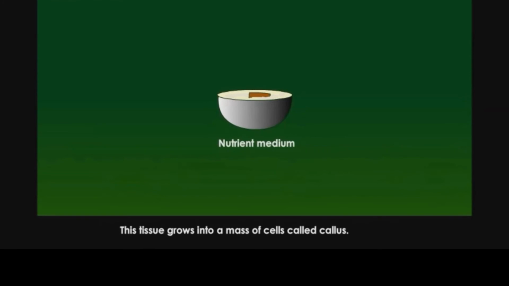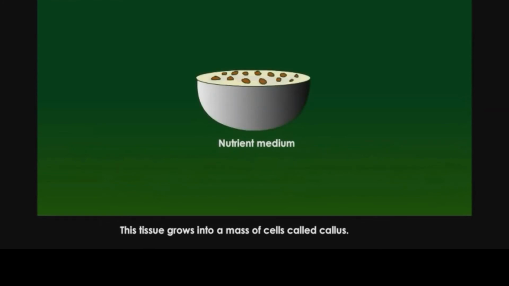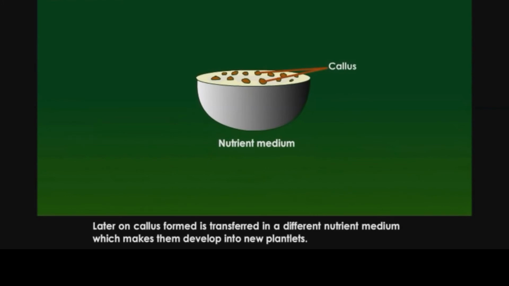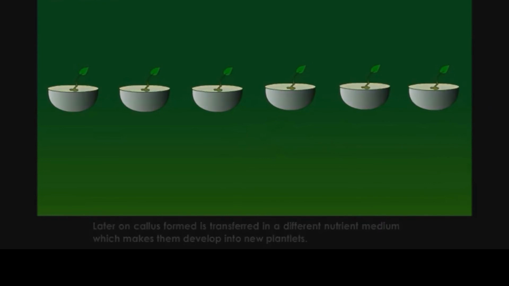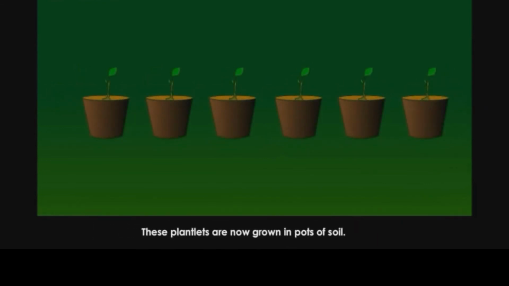This tissue grows into a mass of cells called callus. Later on, callus formed is transferred in a different nutrient medium, which makes them develop into new plantlets. These plantlets are now grown in pots of soil.